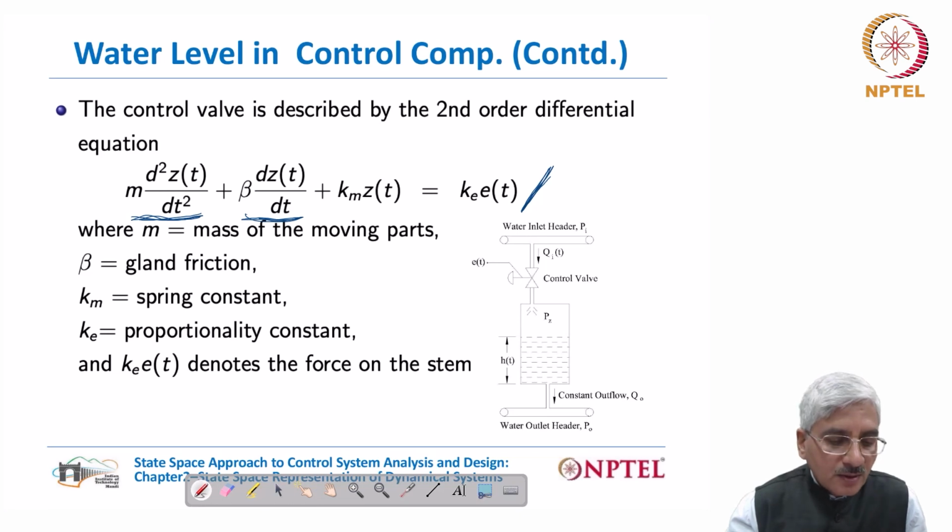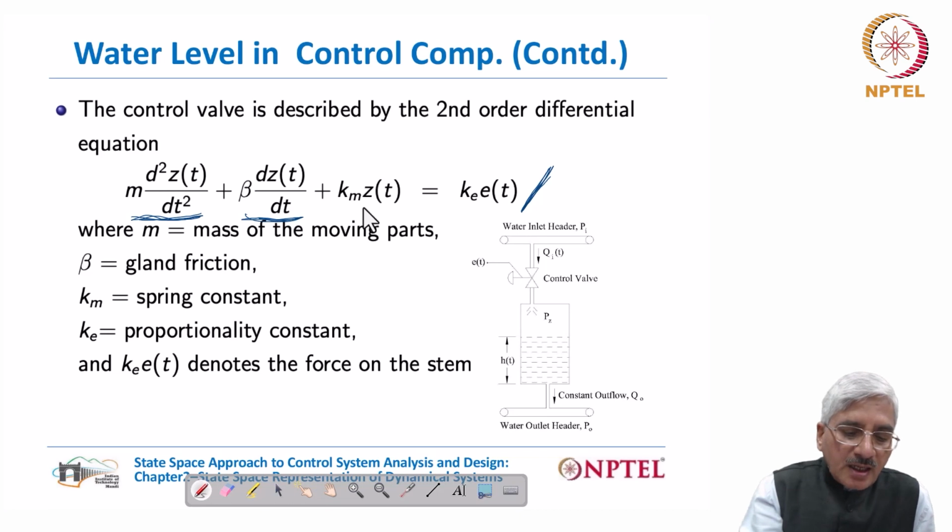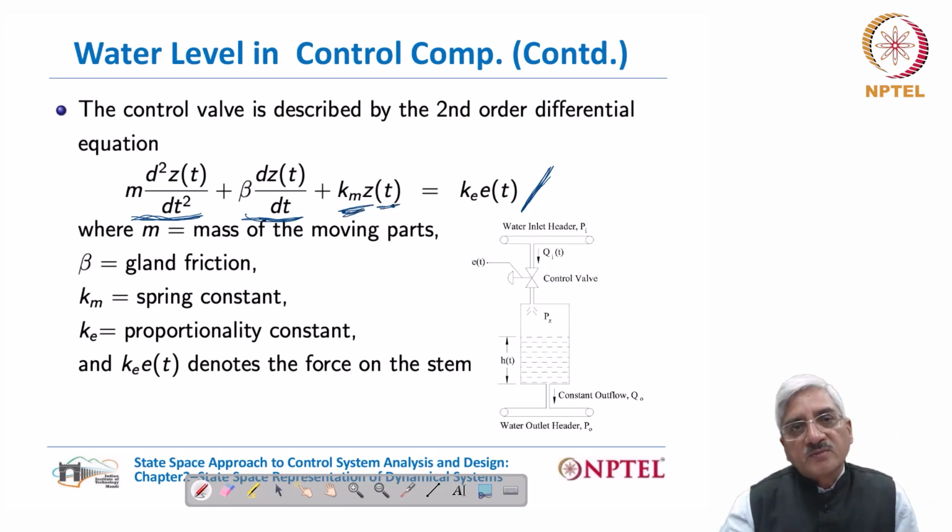Beta is the coefficient of viscous friction, and Km into z is due to the spring opposing the motion.